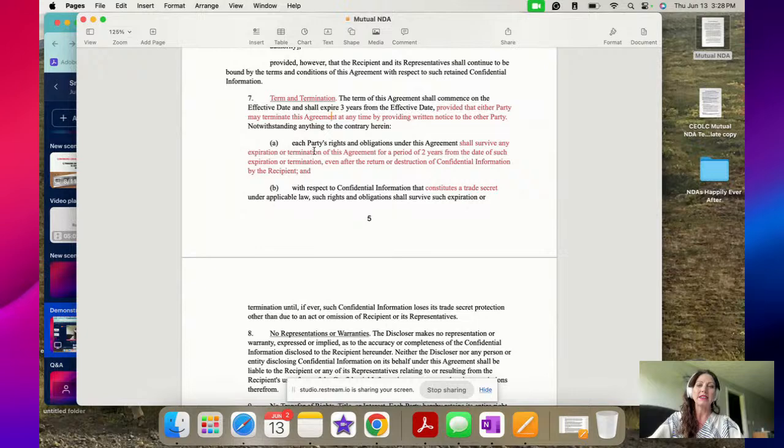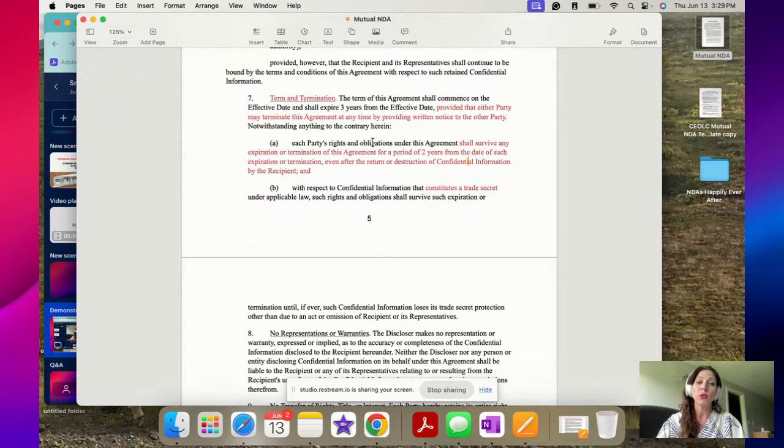And this one says under how to terminate by providing written notice, each party's rights and obligations under this agreement shall survive. So we're looking at that word survive. That's the key word here. Survive is the word that you're looking for because that means it continues living even after the rest of the NDA is over. Any expiration or termination of agreement for a period of 2 years.